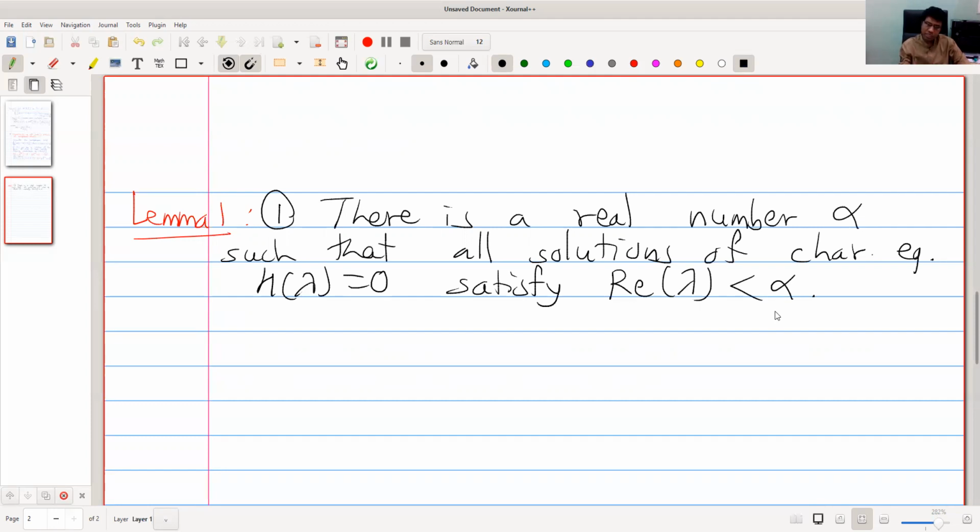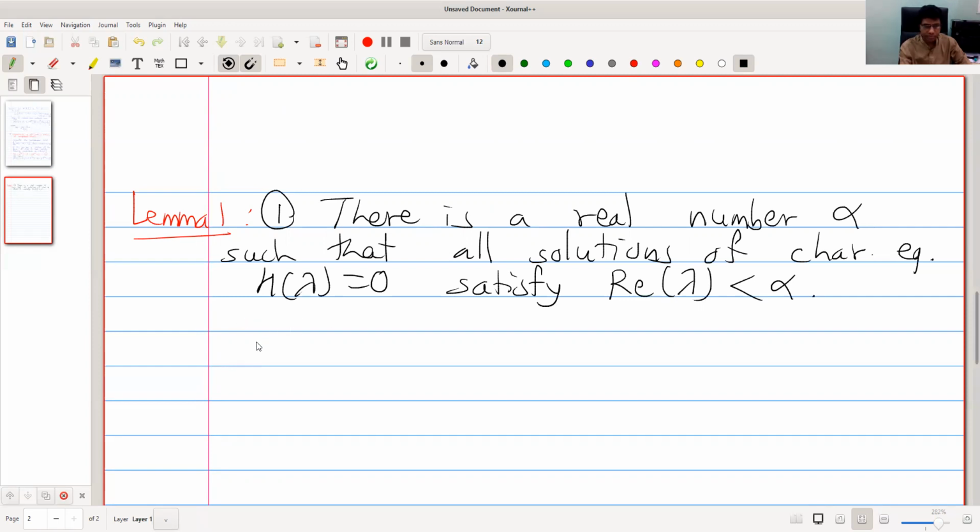This is the same as in the retarded case. So we can say that there are at most finitely many roots with positive real part, as in the previous case.